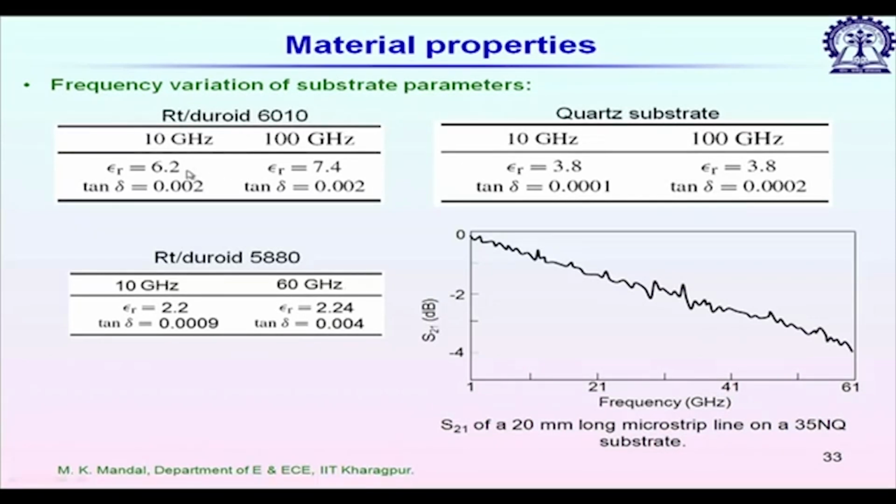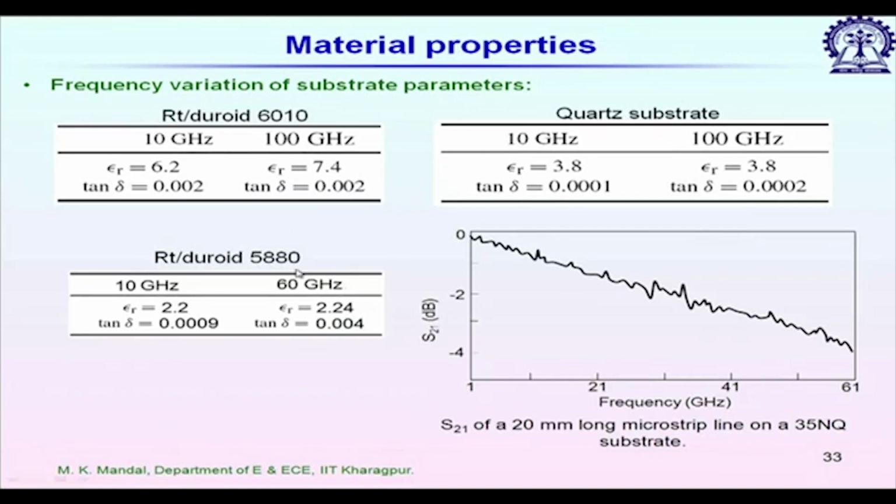Rogers suggests its dielectric constant at 10 gigahertz, epsilon r, is 6.2 and loss tangent is 0.002, but some other groups used the same material at frequencies as high as 100 gigahertz, and they reported that the measured dielectric constant at 100 gigahertz of the same material is 7.4, and they also obtained a similar loss tangent value of 0.002.